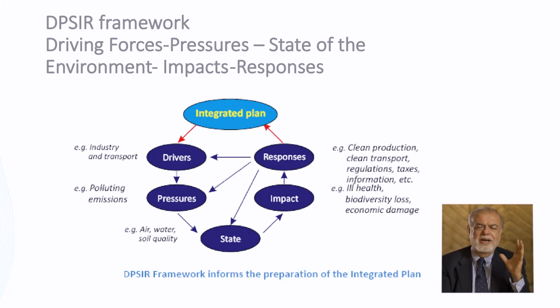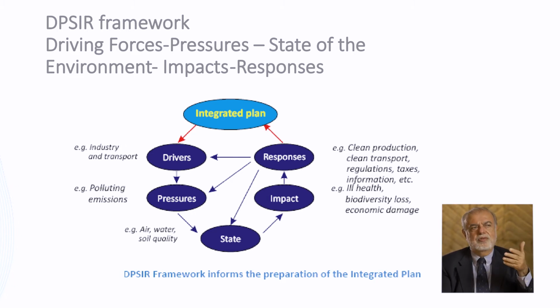This is something that is also very important. This is a policy cycle analysis that has been introduced by the European Environment Agency and the OECD, Organisation for Economic Co-operation and Development, and the steps are linked in a logical sequence.